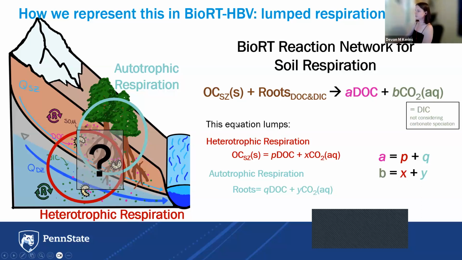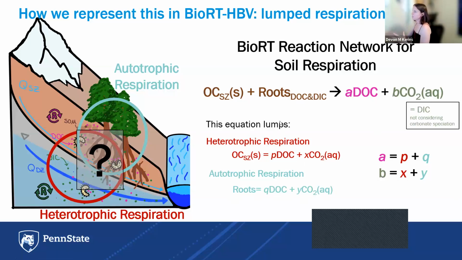So we consider heterotrophic respiration that consumes the solid organic carbon to produce DOC and CO2, and we get the autotrophic respiration that's happening from roots contributing DOC and CO2. And so we lump these two reactions together by using this A and B term, our stoichiometric coefficients, for how much together the decomposition of solid organic carbon and the contribution of roots produce DOC and CO2.